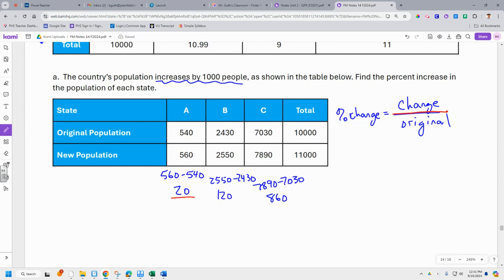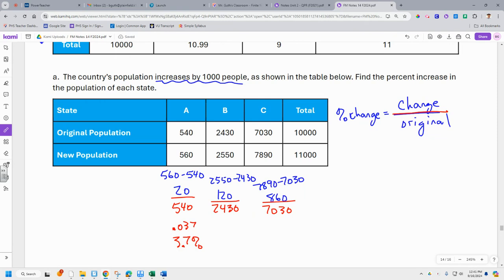So 20 is the change divided by the original number 540. 120 is the change divided by the original number 2430. 860 is the change divided by the original number 7030. Change over original. When you do that division, 20 divided by 540 gives me 0.037 or 3.7%.